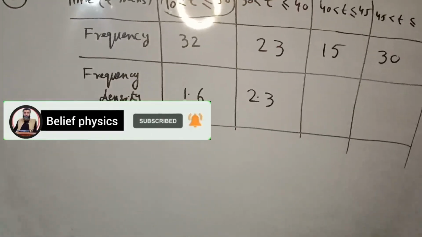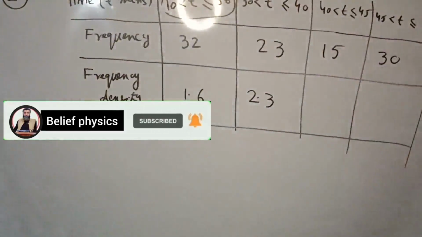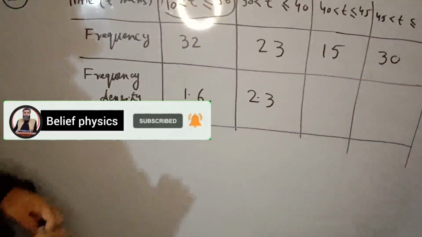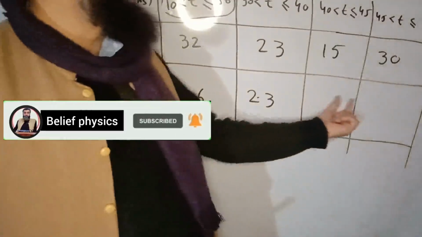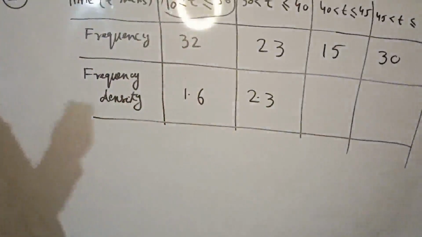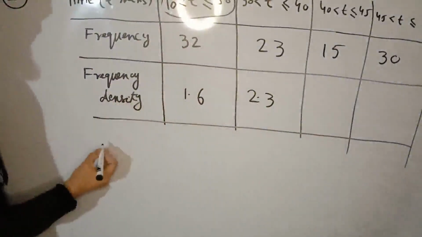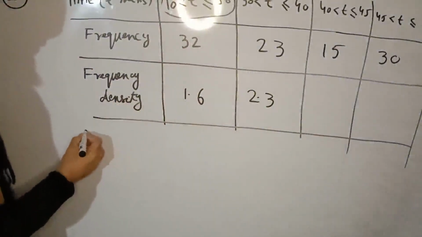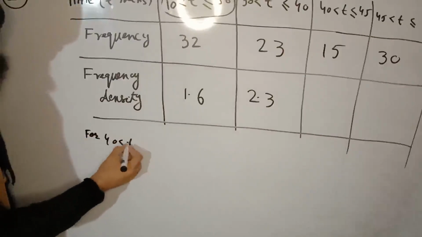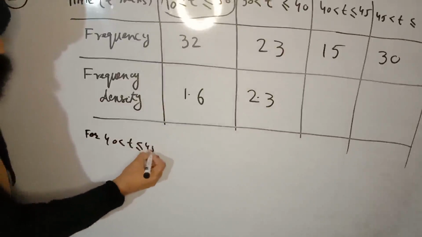B part is, on the grid which is given in the answer space, draw the histogram. To draw histogram, we need the frequency density of these two intervals. So again we use that formula for interval 40 is less than t, t is less than or equal to 45.